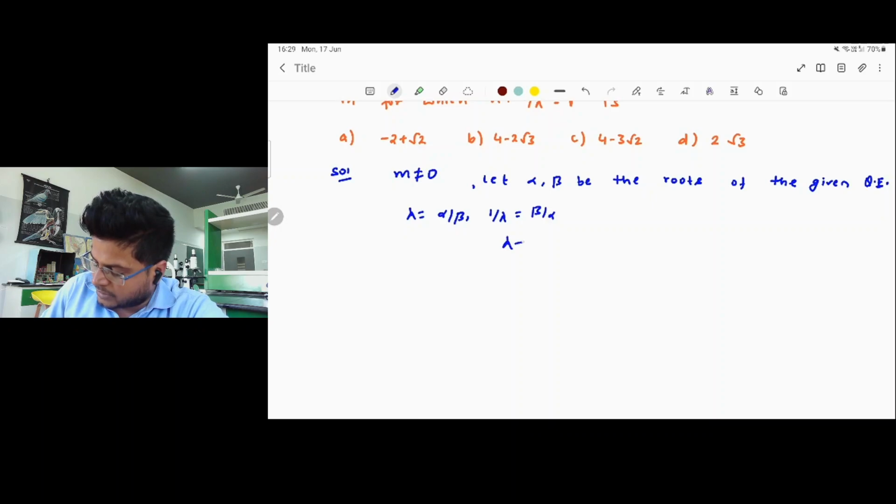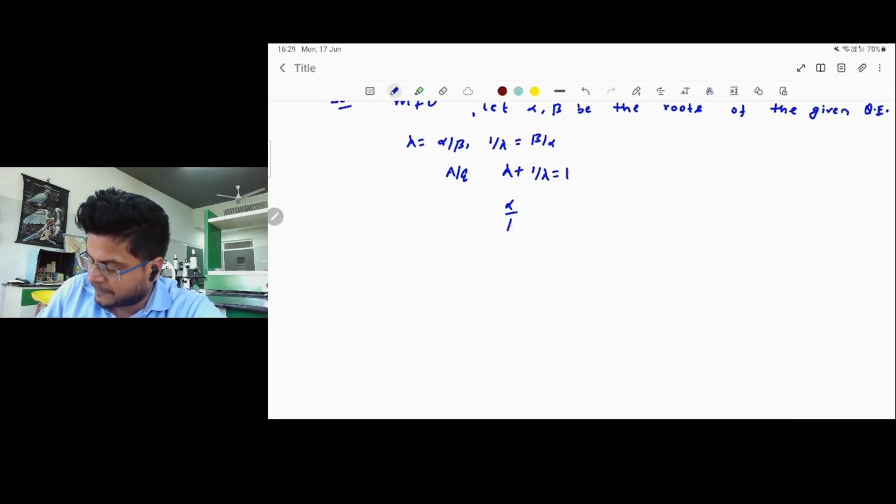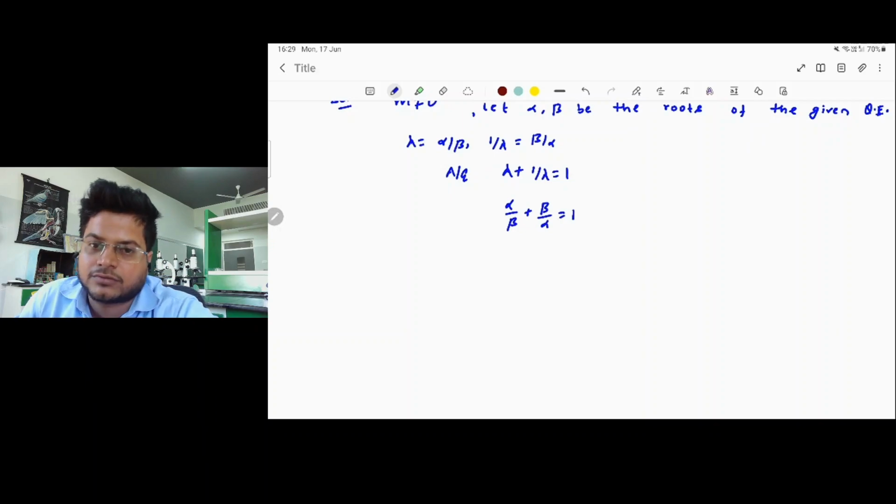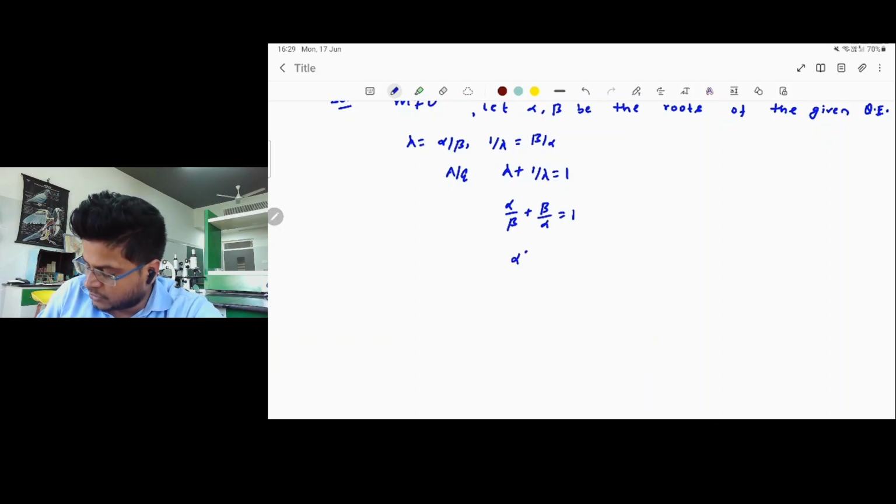And according to the question, lambda plus 1 by lambda equals 1. So in short, what are we getting? Alpha by beta plus beta by alpha equals 1. So when you simplify this, you get alpha square plus beta square by alpha beta equals 1.